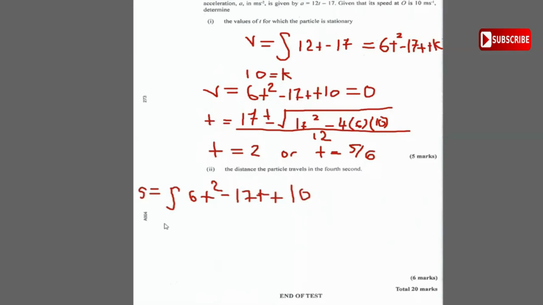When we integrate this, we get 6t cubed over 3 minus 17t squared over 2 plus 10t plus some constant k.